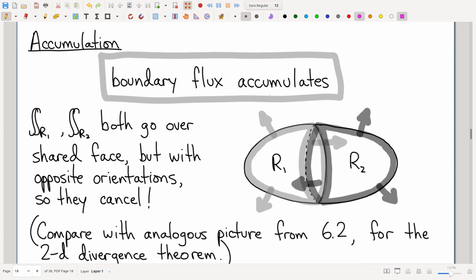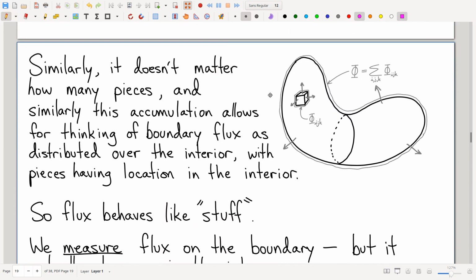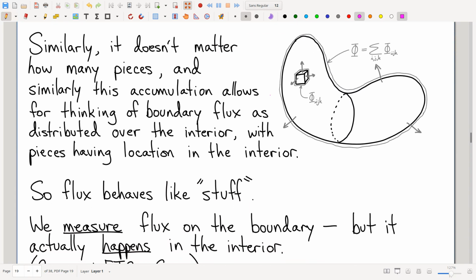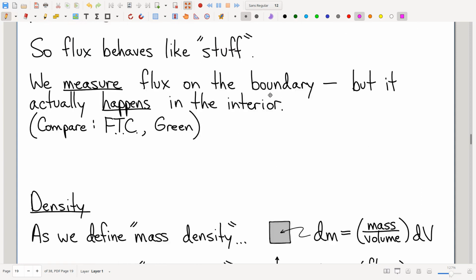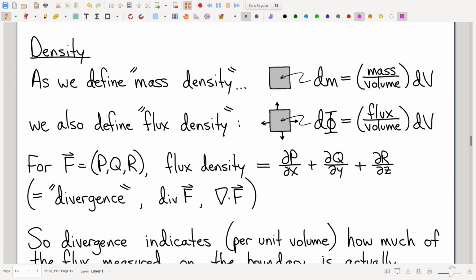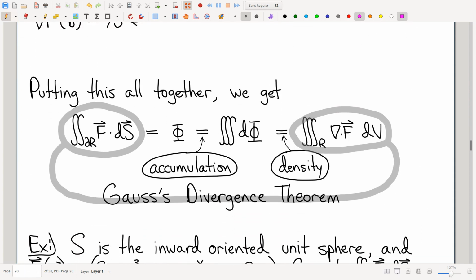There is a relevant accumulating quantity that we need to identify and establish accumulates over the domains in question. That means your accumulating quantity can be treated as if it's a physical stuff, even if it isn't. It behaves like stuff, so you can treat it like stuff. There's an associated notion of density, therefore. And when you put the pieces all together, you get a theorem.